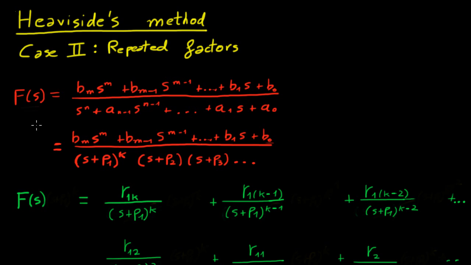In this case, we've assumed that the roots of this denominator contain one repeated factor. There is only one repeated pole, one multiple pole, which is minus p1, and its multiplicity is k. So the pole appears k times.